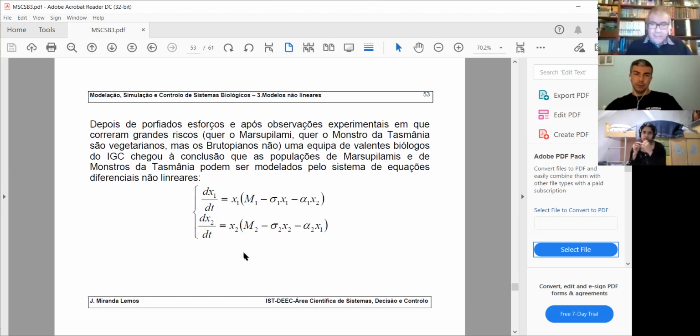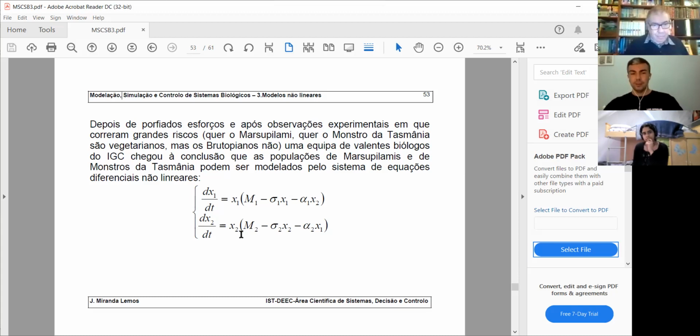Now, you are looking for a situation in which x2 is not 0. Is it possible? What are the values of x2 that make dx2/dt equal to 0? x2 equal to 0, but I'm not interested in that because it corresponds to the situation with neither marsupilamis nor monsters.